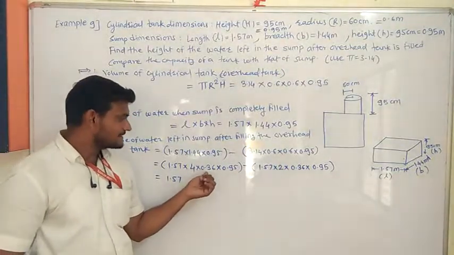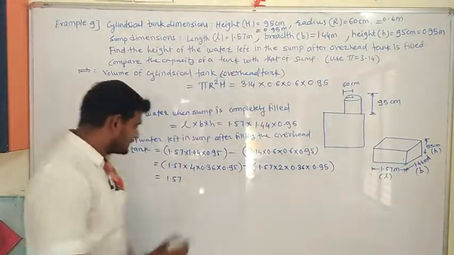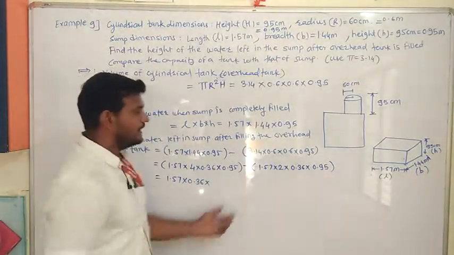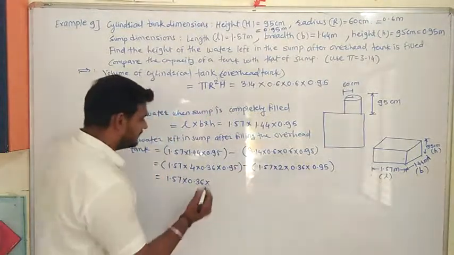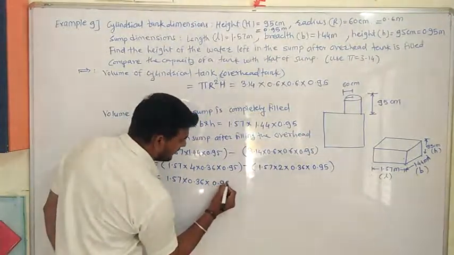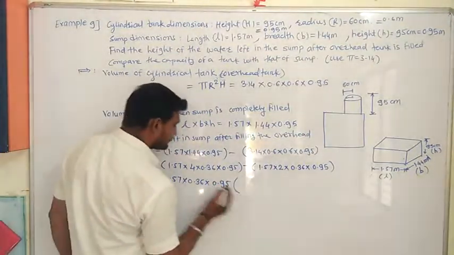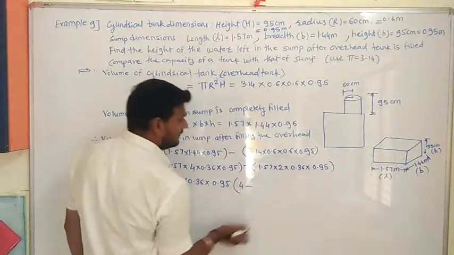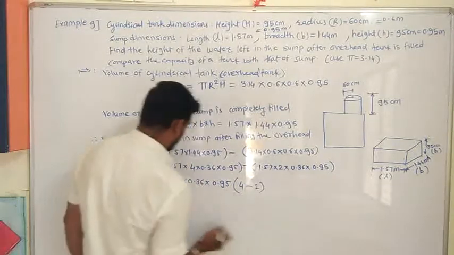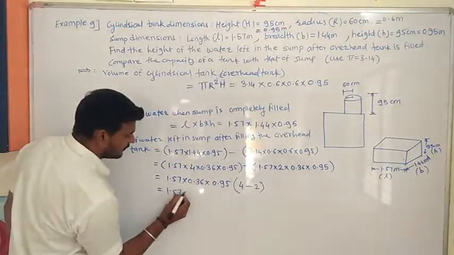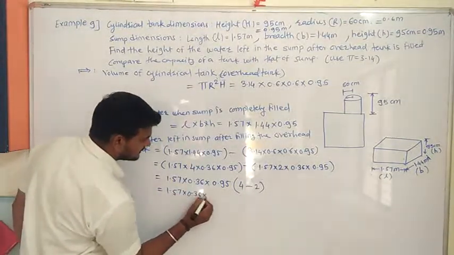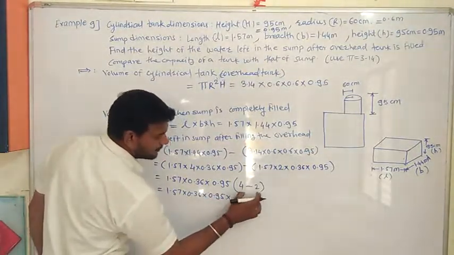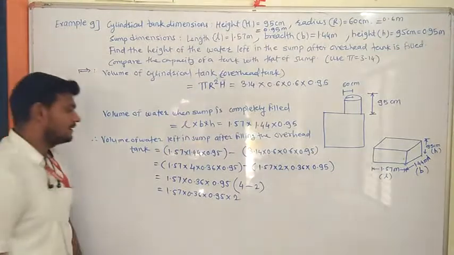Now 0.36 is there, take 0.36 common from both brackets, and 0.95 is also available in both brackets, take 0.95 also common. Now what is left in this bracket? Only 4 is remaining in this bracket, and in this bracket only 2 is remaining. Okay. What will come? 1.57 into 0.36 into 0.95 into 4 minus 2, that is 2 into 2 will remain.